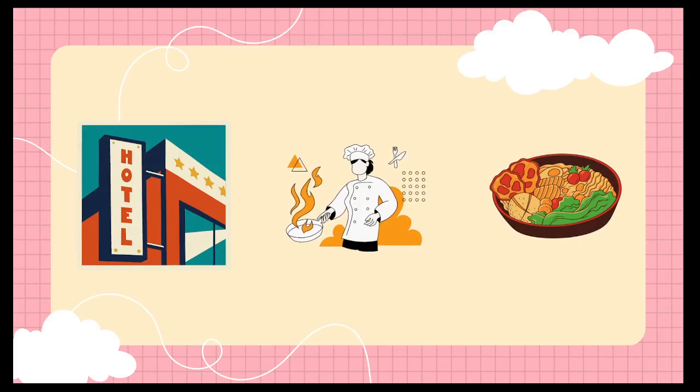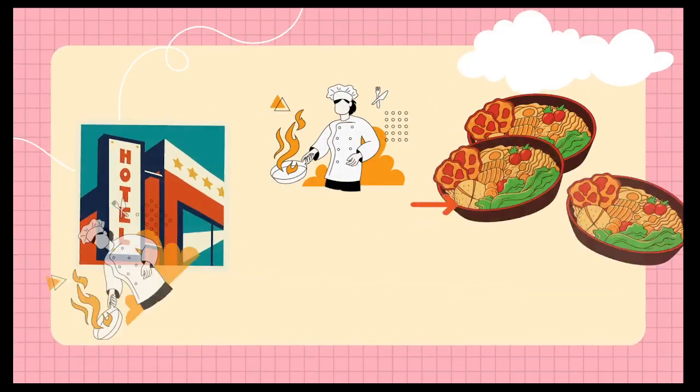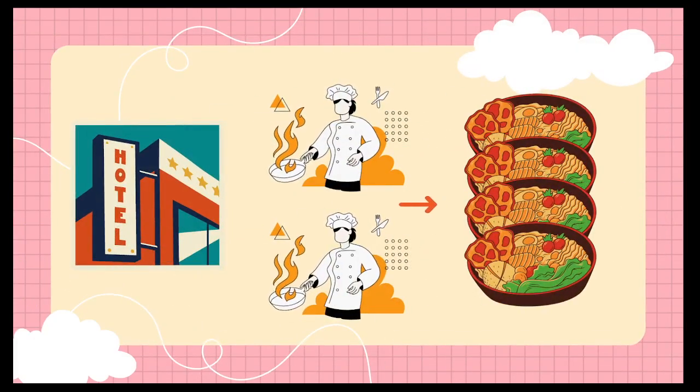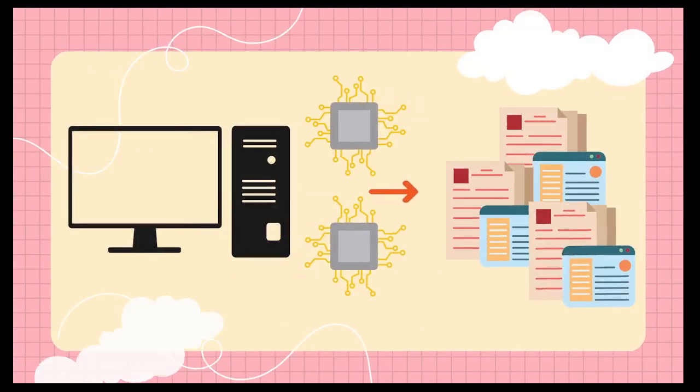Now let's get started. Suppose that there's a hotel. In the hotel, the chef prepares the food. The food preparation speed depends on the speed of the chef. Computer is like a kitchen in a hotel, and the central processing unit is like a chef in that kitchen.